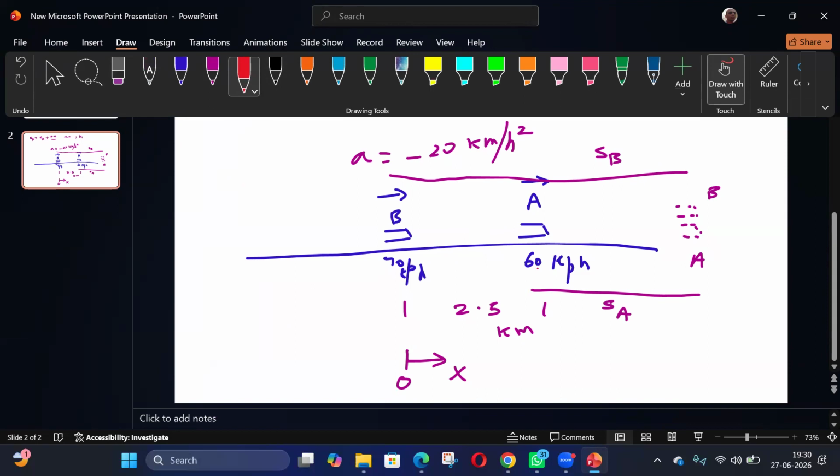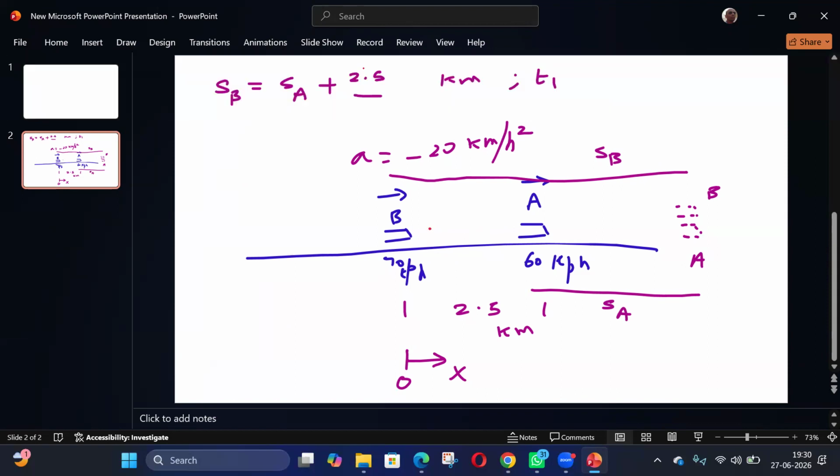SA is just uniform velocity into time, that is 60 kilometers per hour into the time t1. Time 0 is when the distance between the two is 2.5 kilometers, starting the clock from then, and t1 is when they catch up. And SB is ut, that is 70 t1 minus half 20 t1 square plus 2.5. This is the only key step.